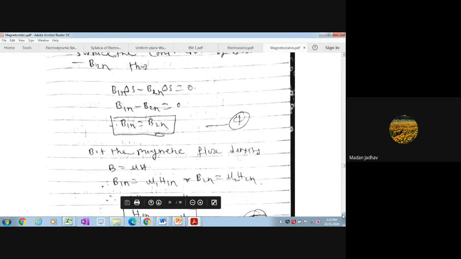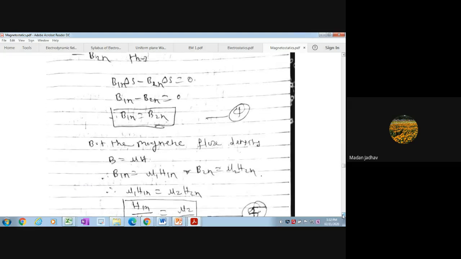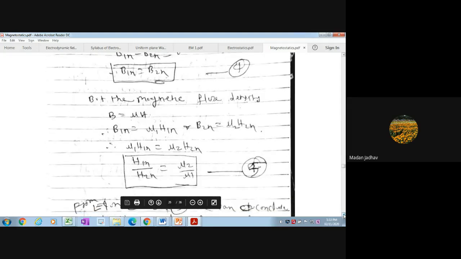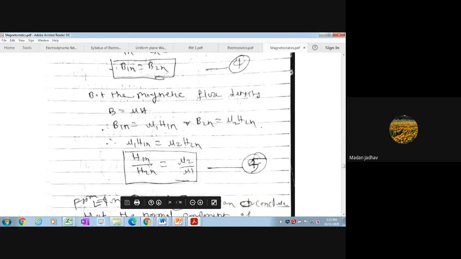You can also obtain another equation which is related to the normal component of the magnetic field intensity. How can we obtain that? You know that B1n is mu1 times H1n, and B2n is equal to mu2 times H2n, and we equate these two. H1n divided by H2n is equal to mu2 divided by mu1.